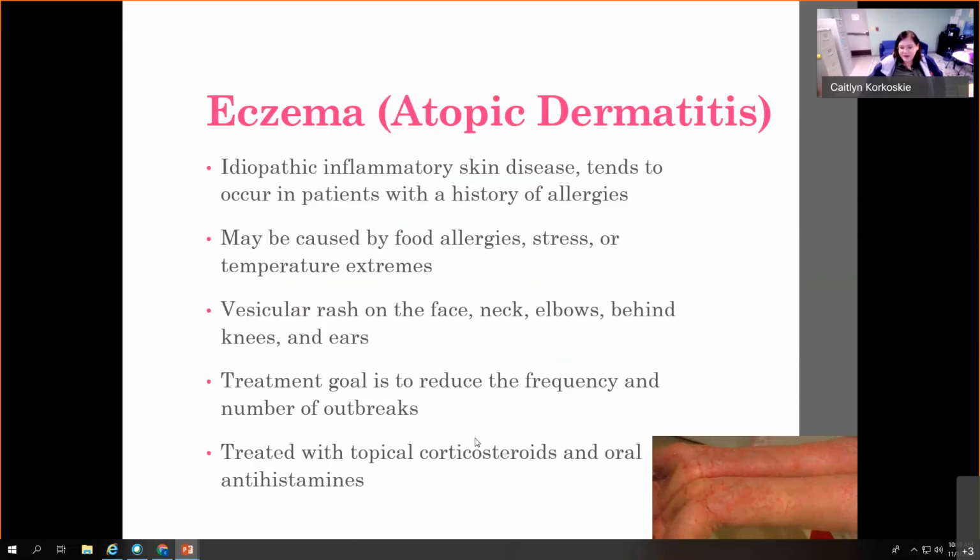Scented body washes and lotions can be a trigger too. So they'll have patients use really soothing products like oatmeal soaps, so that it's less likely to cause inflammation or an allergic reaction. But that's what eczema looks like.